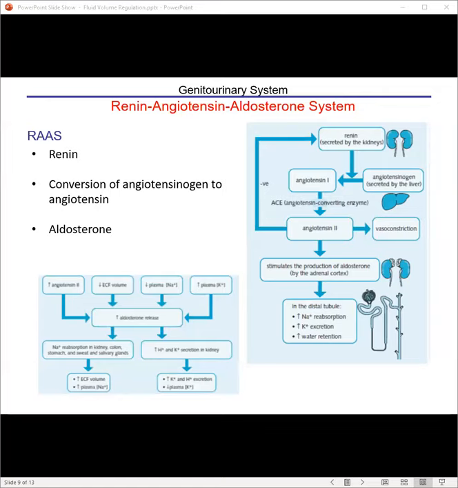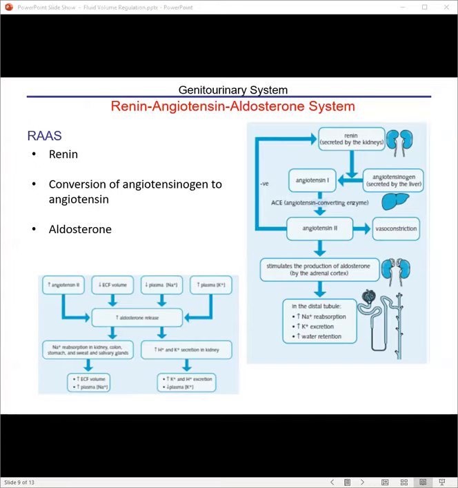So let's take a look at the specific components of this system. Renin is an enzyme that is synthesized and stored in the kidney, particularly in the juxtaglomerular apparatus, the JGA, as you have seen in your previous learning unit last week. That is where renin is synthesized and stored.